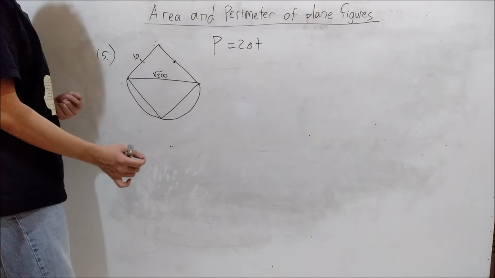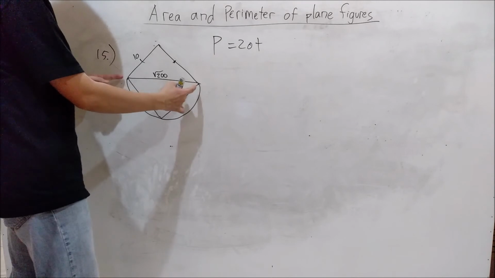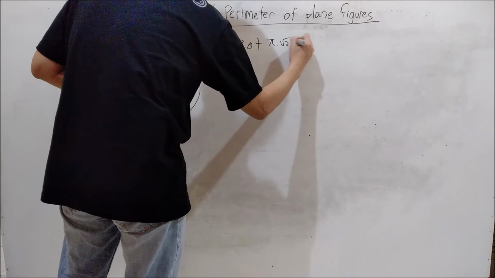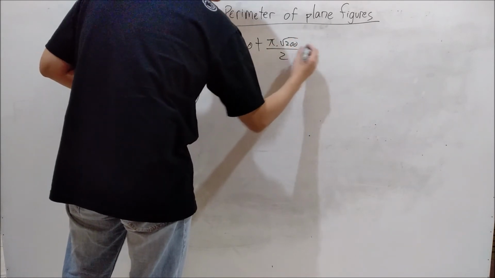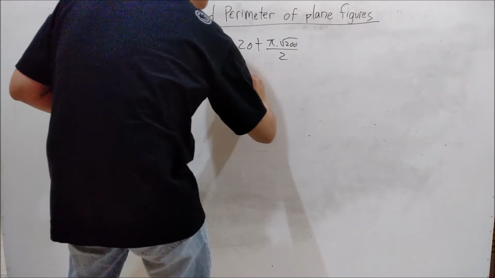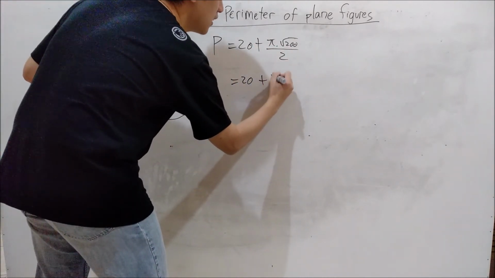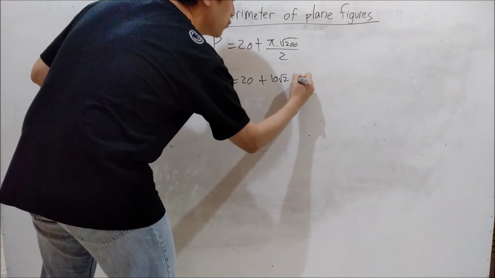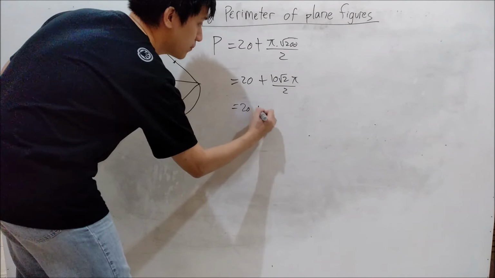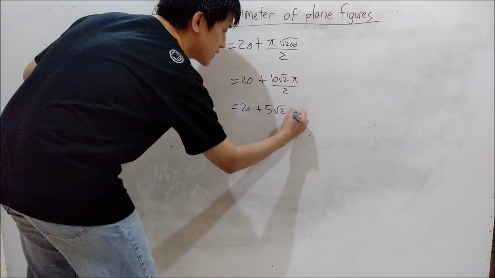We know we have this square root of 200, so we are going to use that as a diameter, which means pi times square root of 200 divided by 2. It will give us 20 plus, if you count this without calculator, it will be 10 square root of 2 pi divided by 2. So it will be 20 plus 5 square root of 2 times pi.